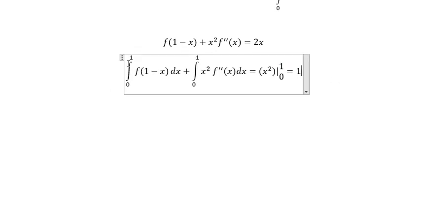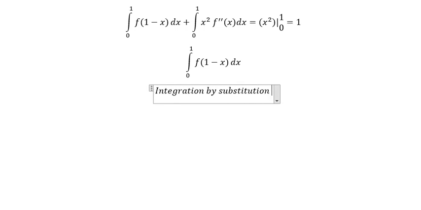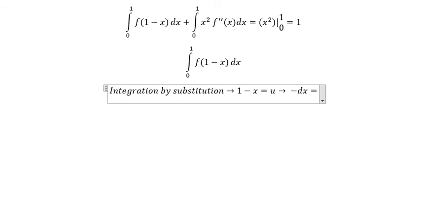Next, we need to consider this one. We need to use integration by substitution. We put 1 minus s equal to u, so we get negative ds equals du. Because we don't have the negative here, we put the negative next to du.